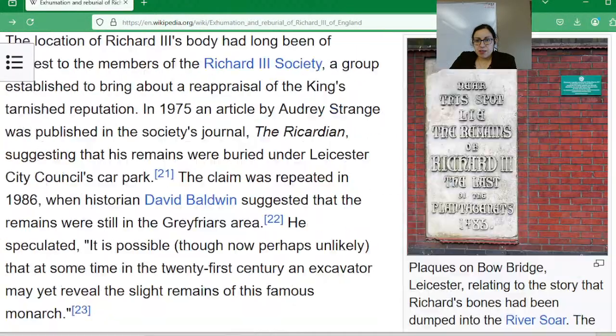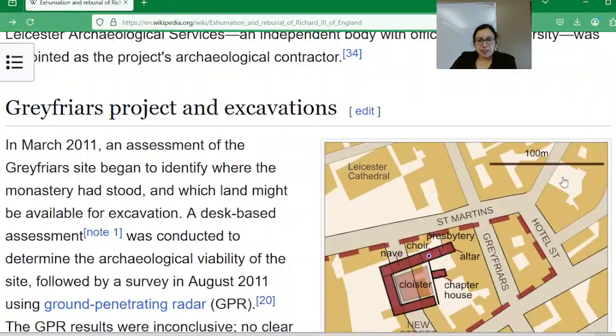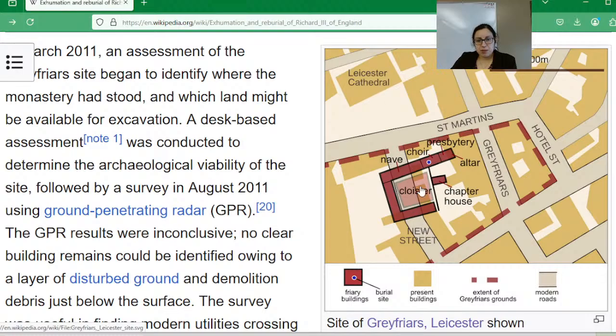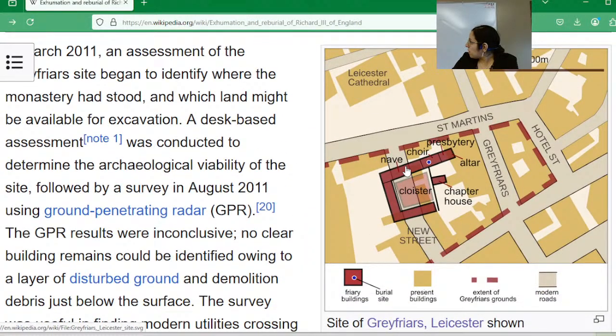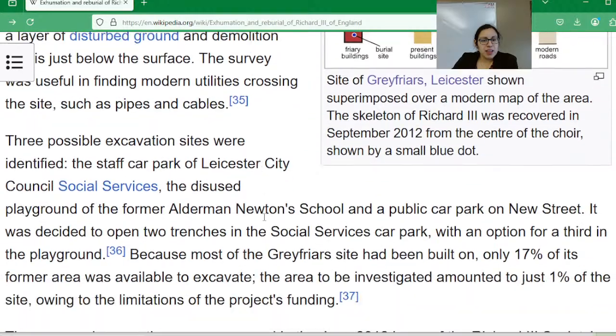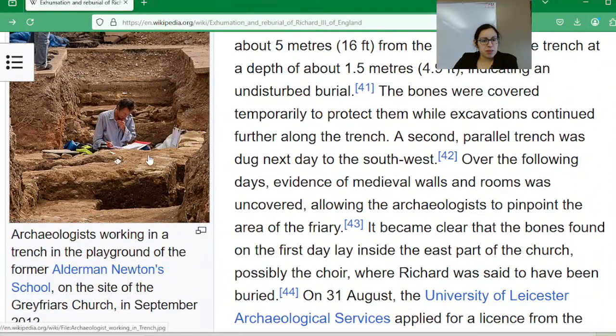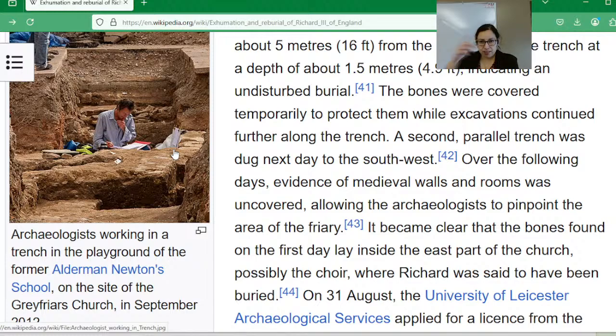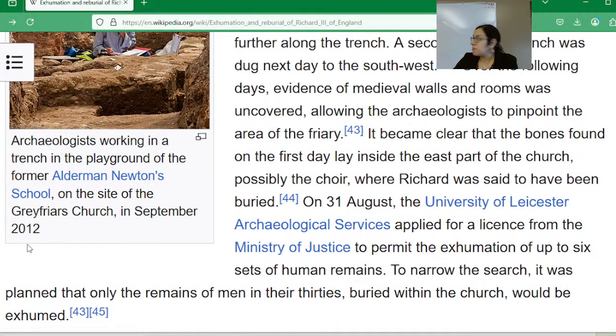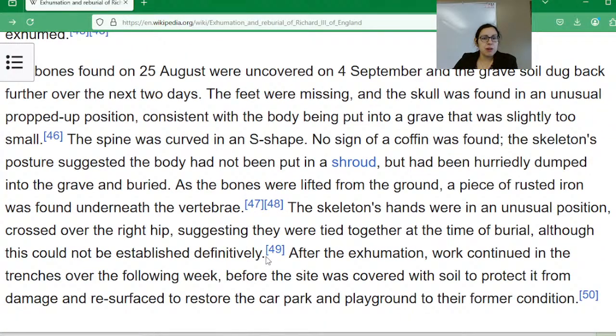It was found, or at least there was some Greyfriars compound where his body may have been buried. They were trying to find some bodies, which they did. This was pretty recent, actually, 2012 when they were doing that work.